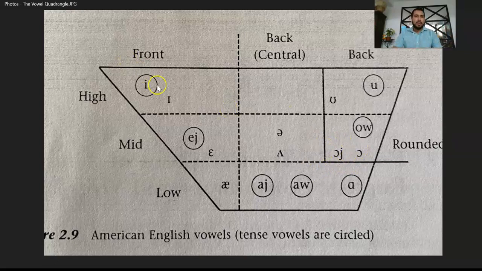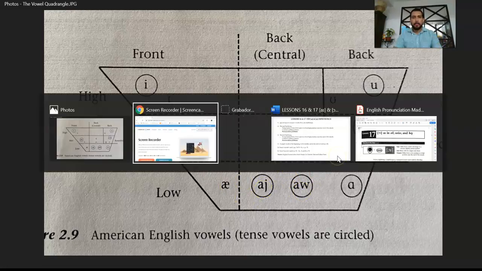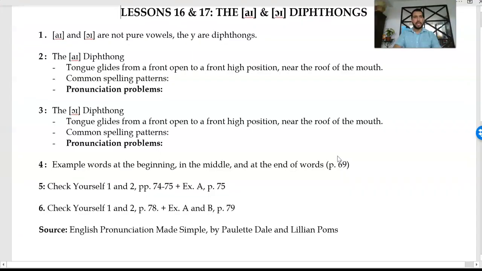Take a look at what we have been doing so far. We studied front vowels first, and then we moved on to back vowels and central vowels, and we have also been doing a little bit of diphthongs: ow as in cow, o as in go, and today we will wrap it up with I and oi. Take a look at the video guide I have here.